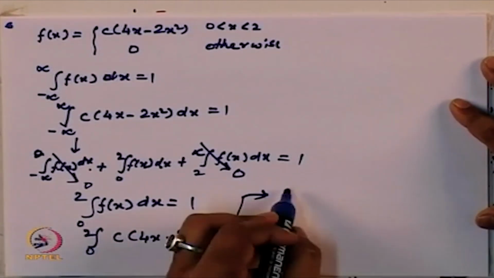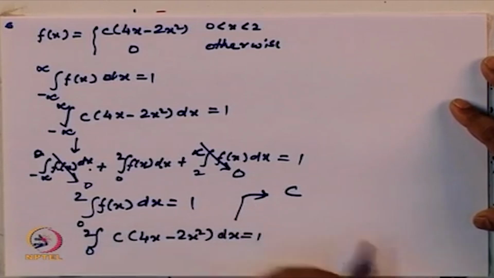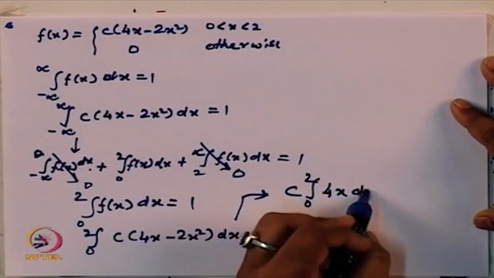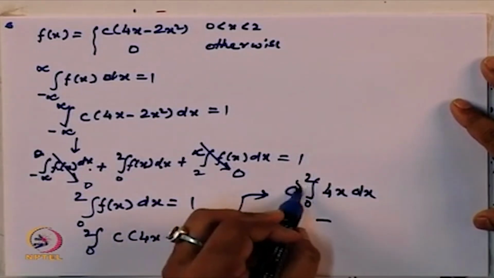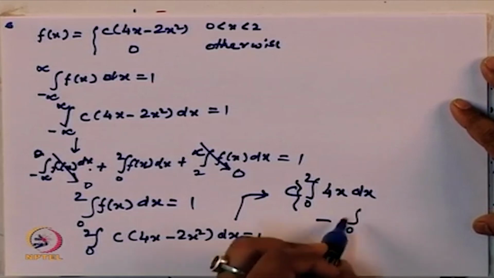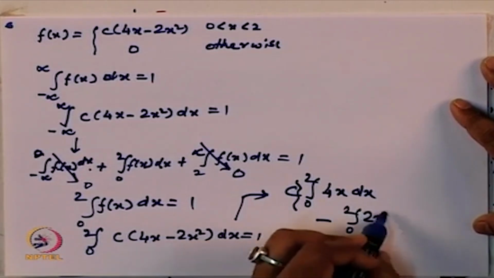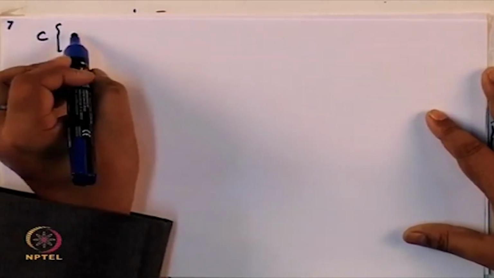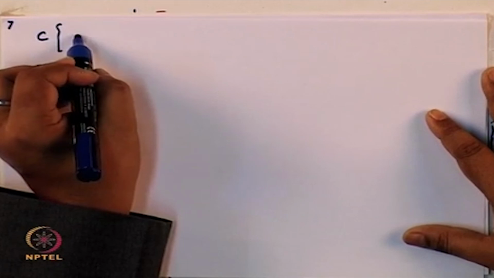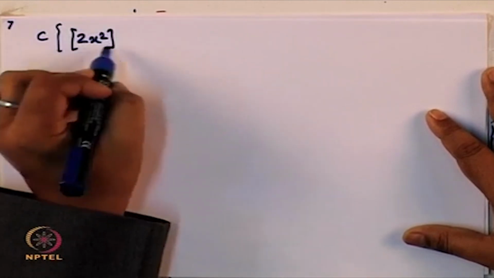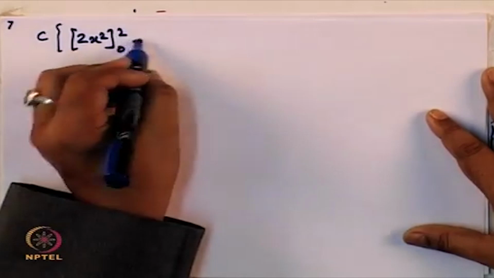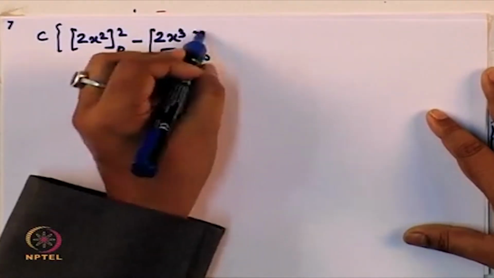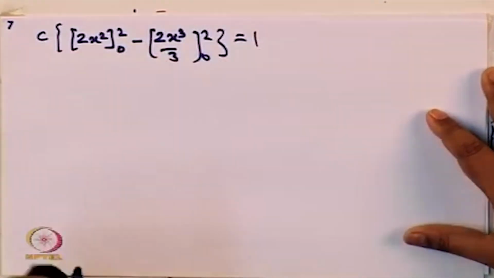So, this takes me to, I can take out the constant c. This is the integral from 0 to 2 of 4x dx minus the integral from 0 to 2 of 2x square dx equal to 1. So, 4x integrates to 2x square, minus 2x cube by 3, equal to 1.